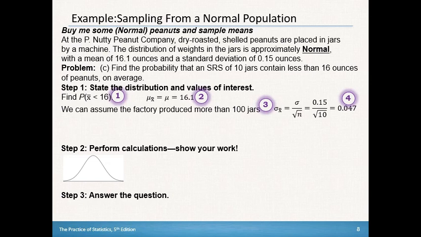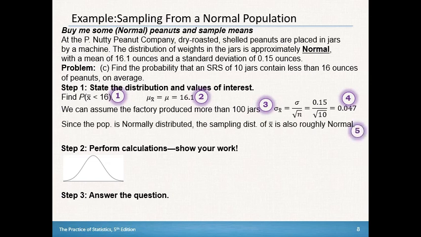All right, we want to talk about, okay, what is the distribution? What does the distribution look like for our sampling distribution? What is its shape? Is it normal, essentially? Because if it's not normal, we're kind of done. We can't do any normal probability calculations if it's not normal. And so indeed, how do we know that the sampling distribution of X bar is roughly normal? And that's what you really want to say.